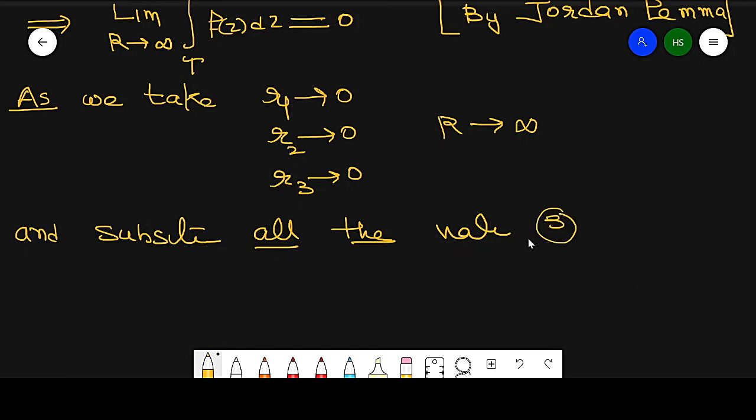In 3 we get the value, right. Now I will substitute in equation number 1.